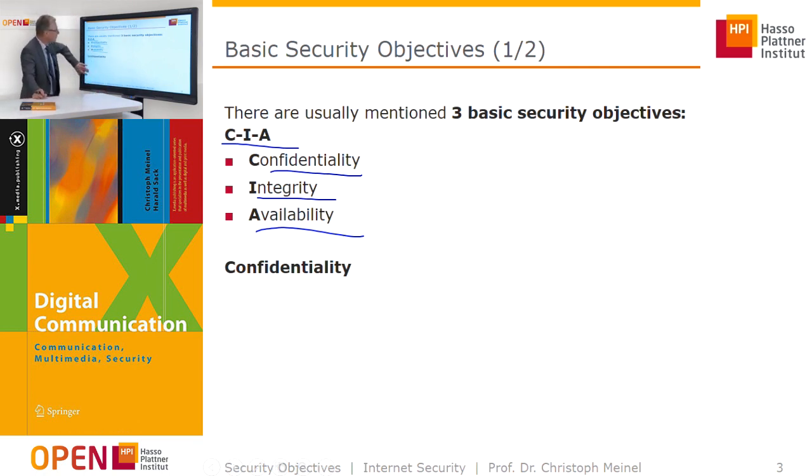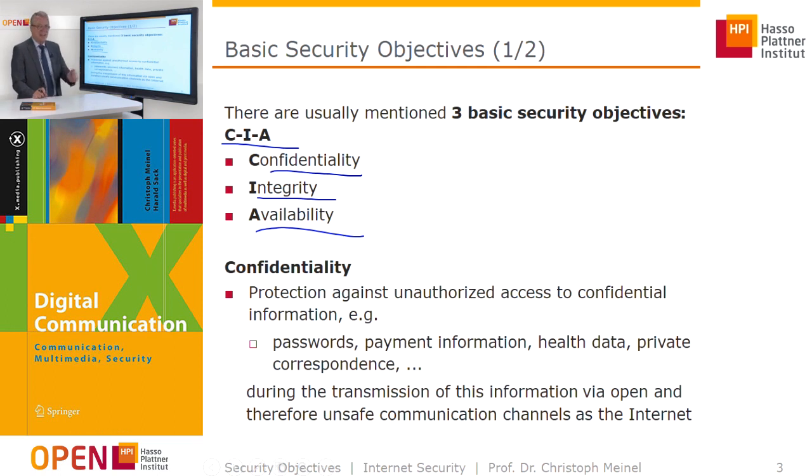Let's start with confidentiality. Confidentiality means the protection against unauthorized access to confidential information. Confidential information includes passwords, payment information, health data, private correspondence. So there is a lot of such confidential information that needs to be protected.